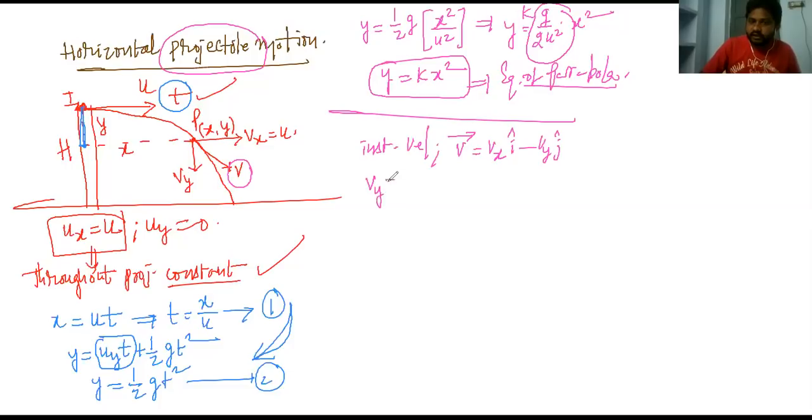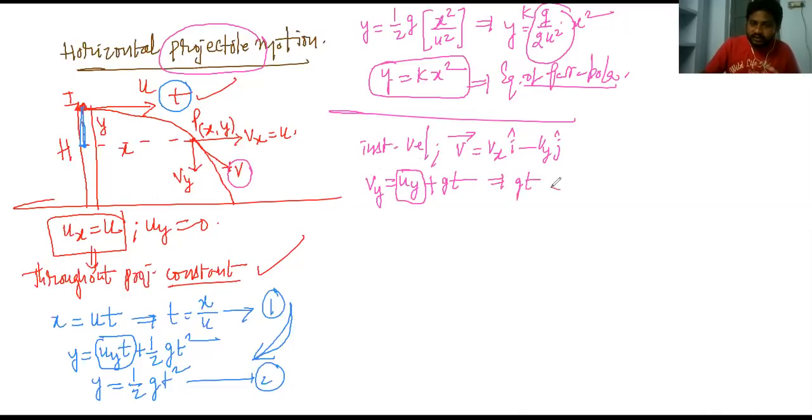So vy is equal to uy plus gt, because the particle is moving in the vertical direction downwards. That's the reason, plus g. What is this uy? Uy is initially 0. So I can say this is gt.